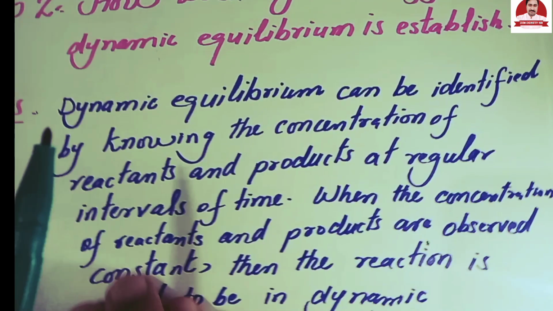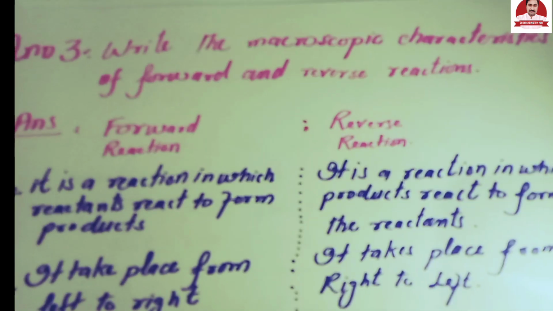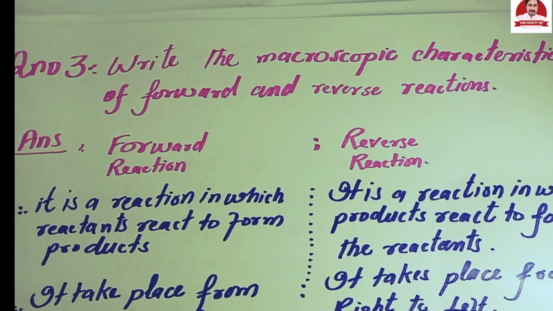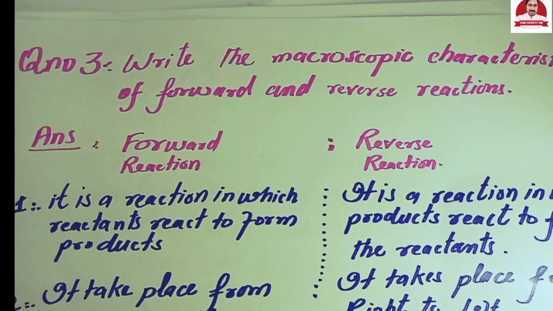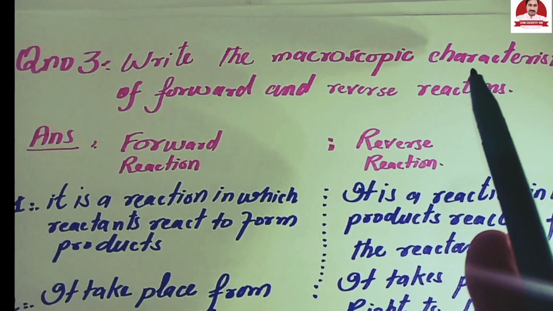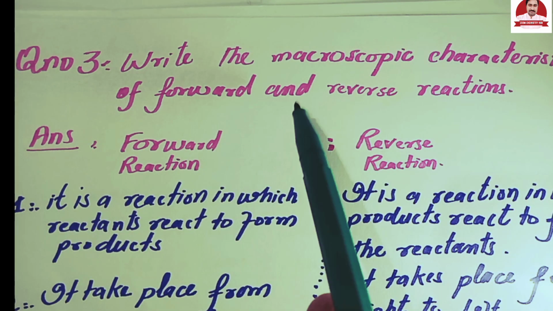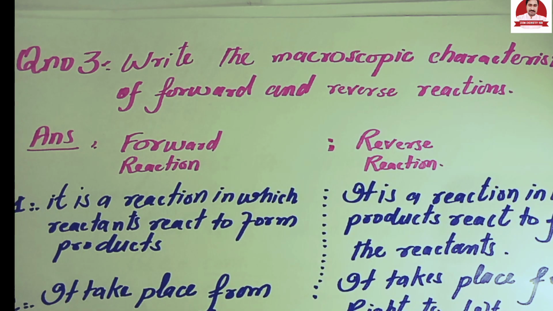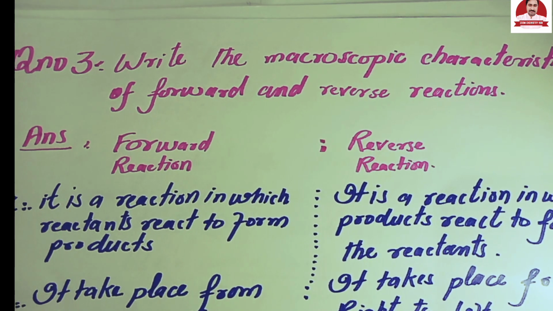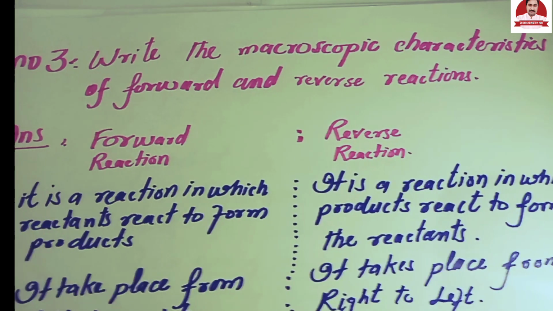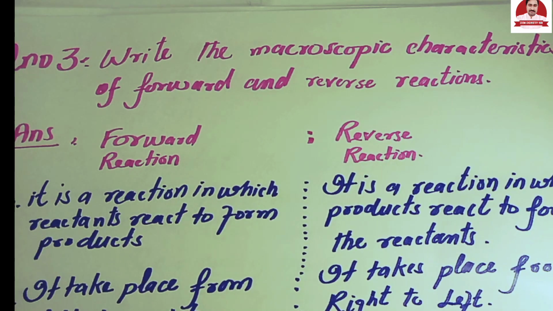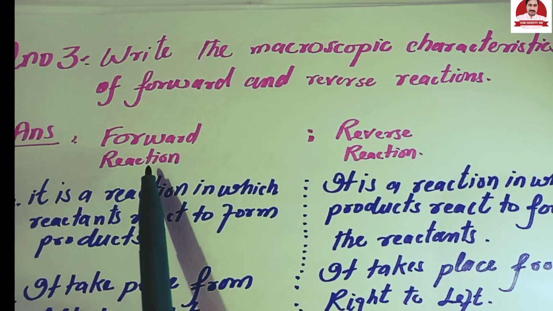Next question, number 3. Write the macroscopic characteristics of forward and reverse reaction. So the macroscopic characteristics of forward and reverse reaction are as follows.